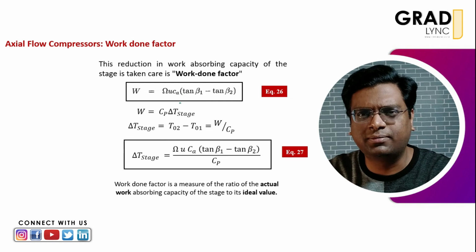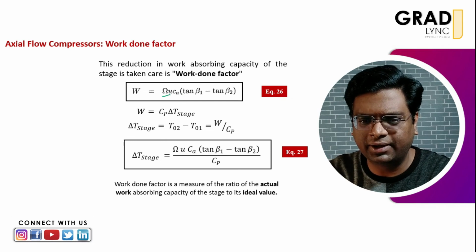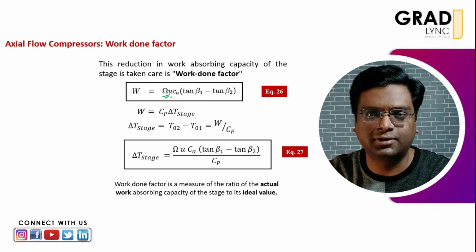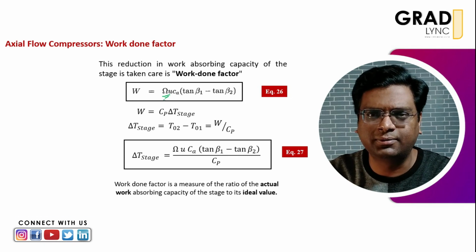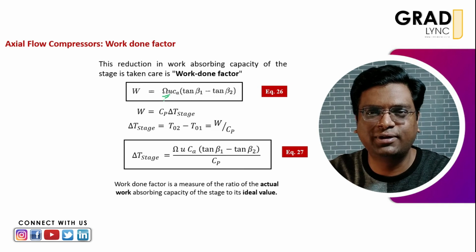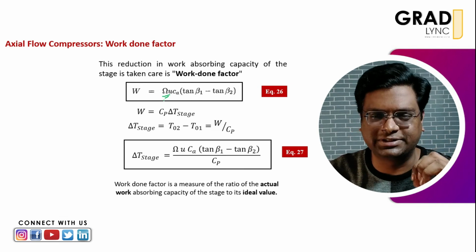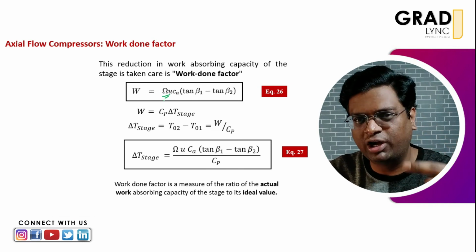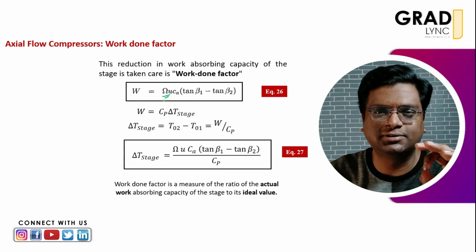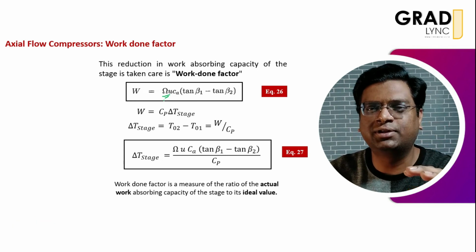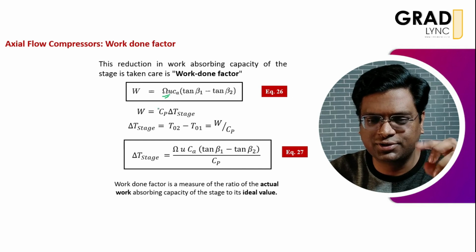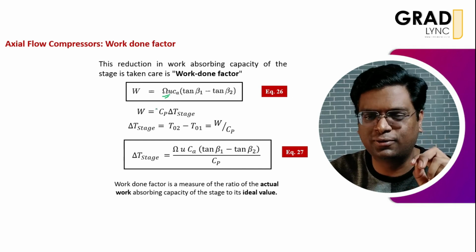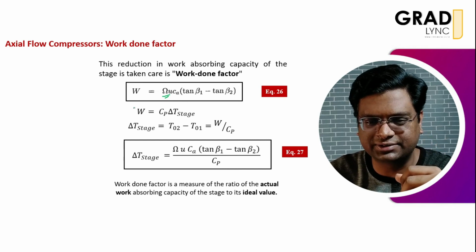Now, why does this work done factor exist? Because the axial velocity is not constant throughout the blade length. It varies from the hub to the tip, right? So because of that, the work done factor exists.